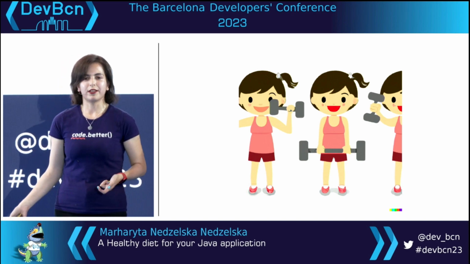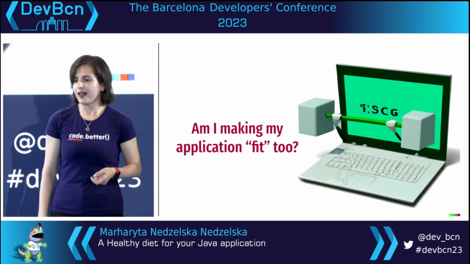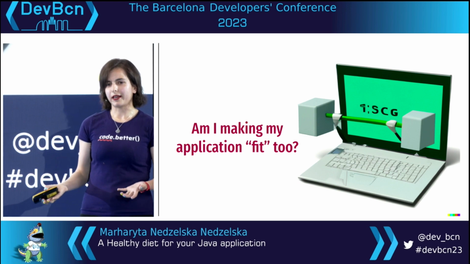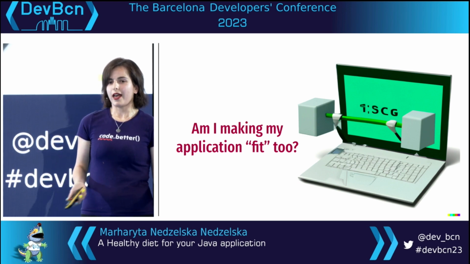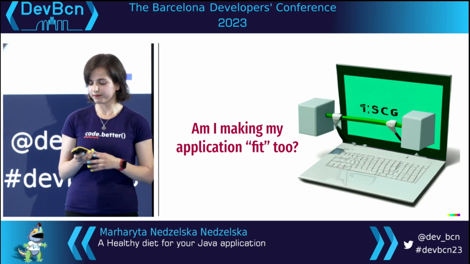And that's how the idea of this talk appeared. So at some moment, I asked myself whether maybe I'm making applications fit too, and I found out that there is some common algorithm.